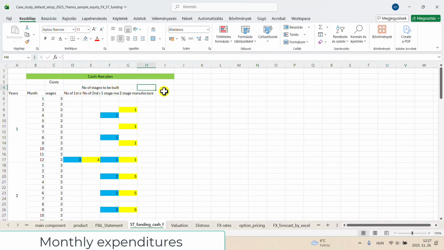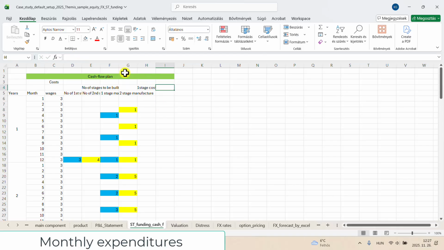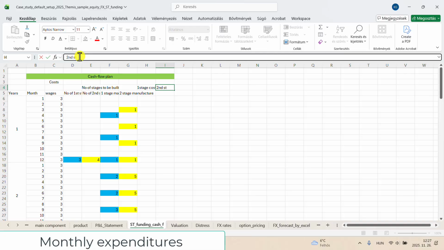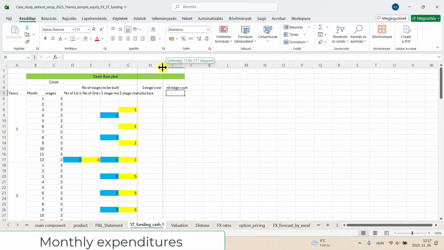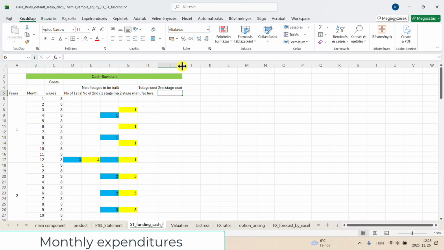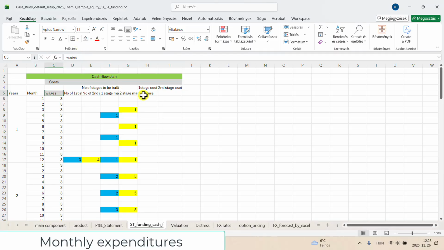Then first stage cost, second stage cost. So you should go down.